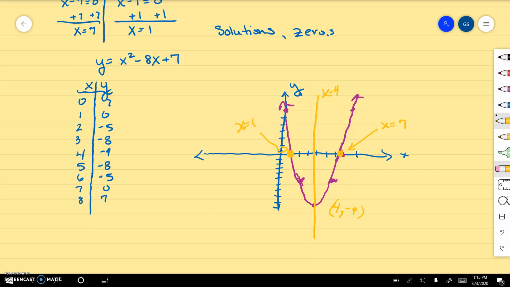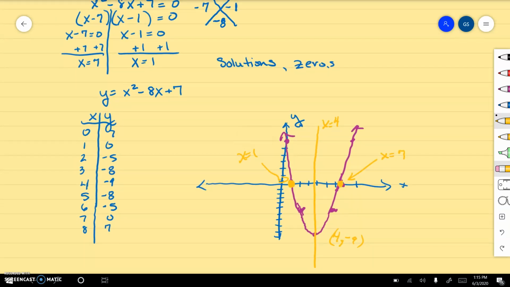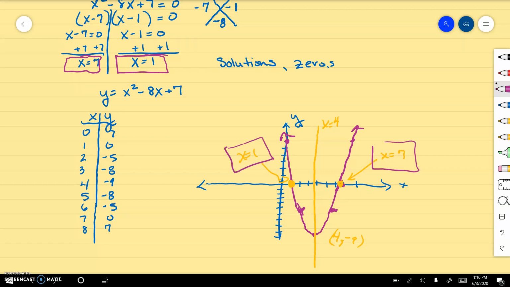Now, I want you to go back to your algebraic one. Let's just notice, you see here x equals 7, x equals 1. See here, x equals 1, x equals 7. Order does not matter.